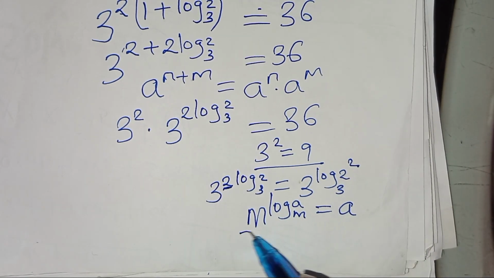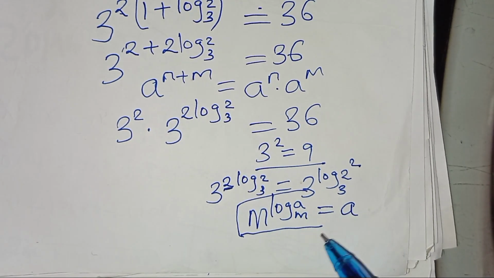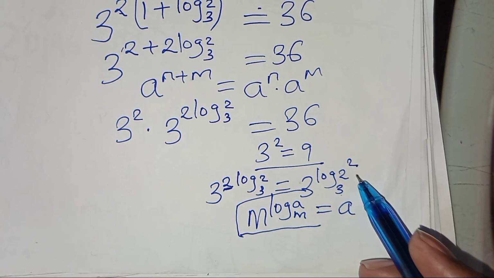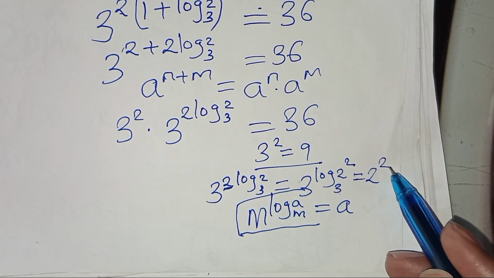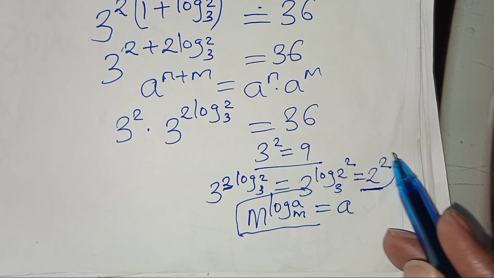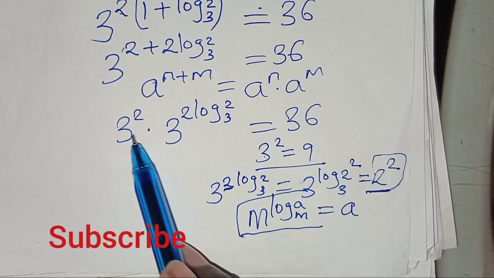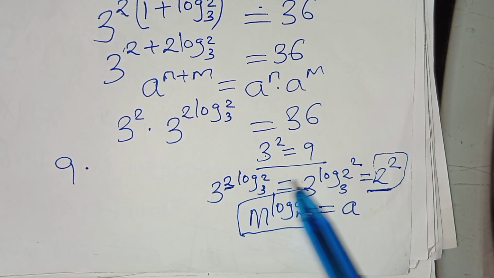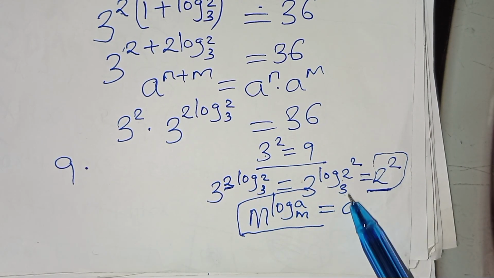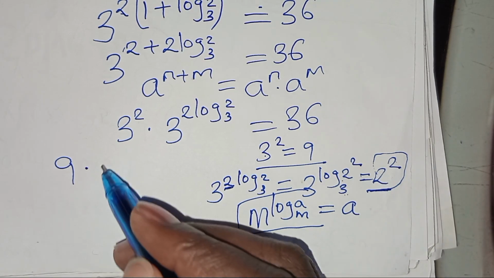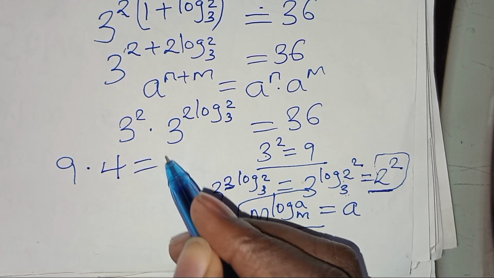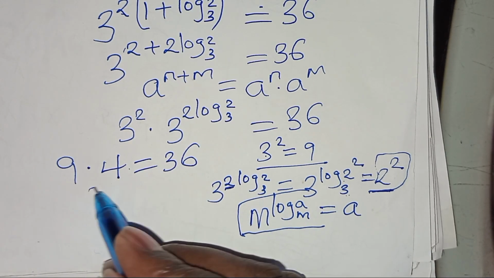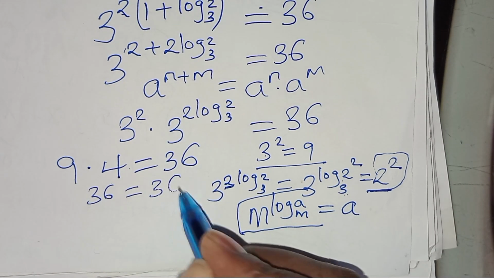So applying this logarithm property, 3 to the power of log 2 squared to base 3 is equal to 2 to the power 2. So let's substitute this. Remember we have 3 squared, which is equal to 9, multiplied by 3 to the power of log 2 squared, which is 2 squared, which is equal to 4. This should give us a value of 36. 9 times 4 is equal to 36.